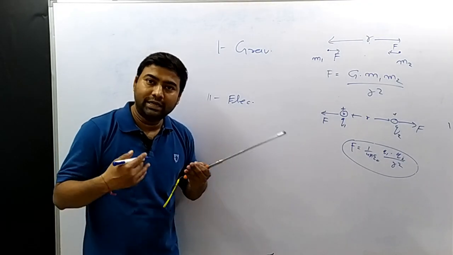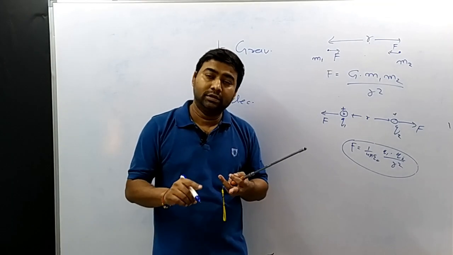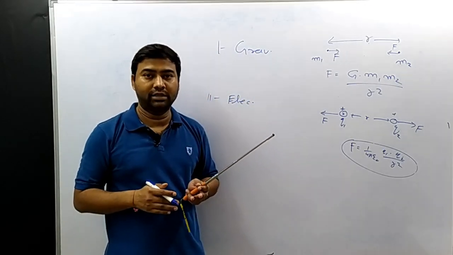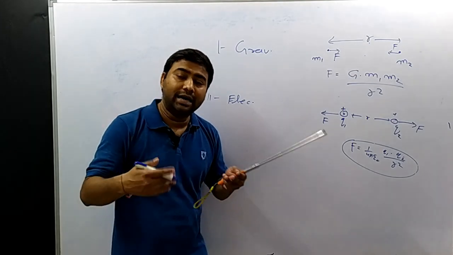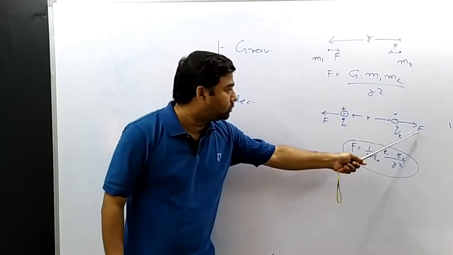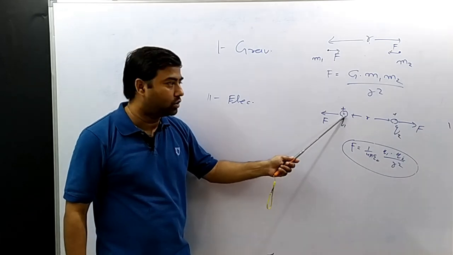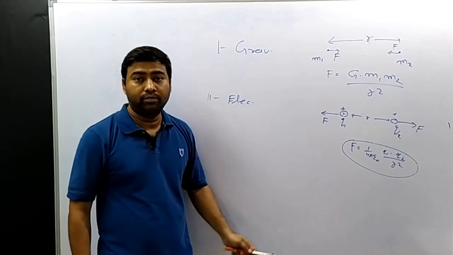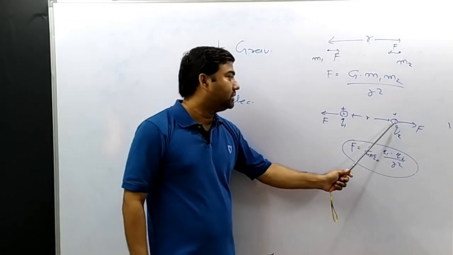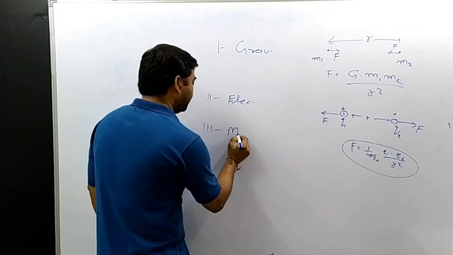So here also forces are in paired form, equal and opposite, and most important, they don't exert on the same mass or object. They are exerted at different bodies. This is exerted at this charge, and this force is exerted at the other charge. Both forces are not exerted on the same one, but they are equal and opposite and in paired form, exerted at different bodies.